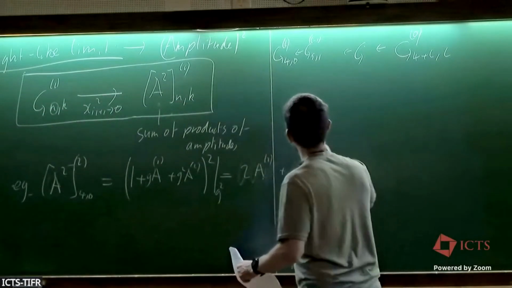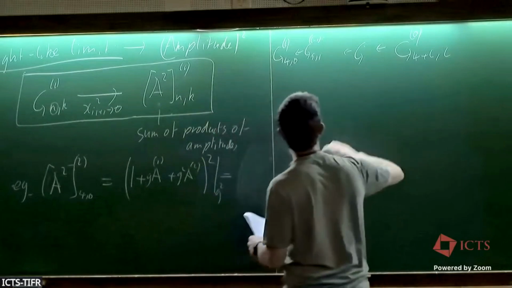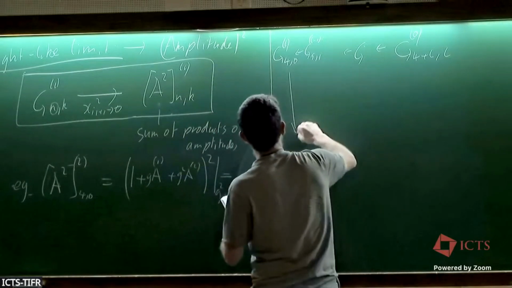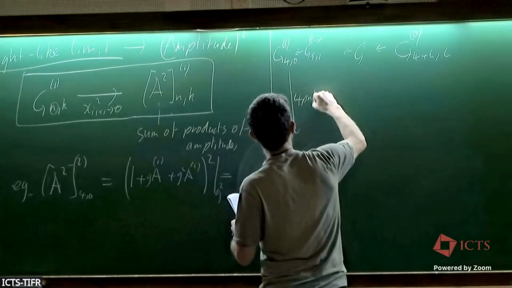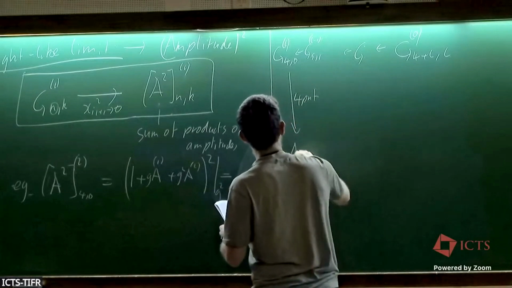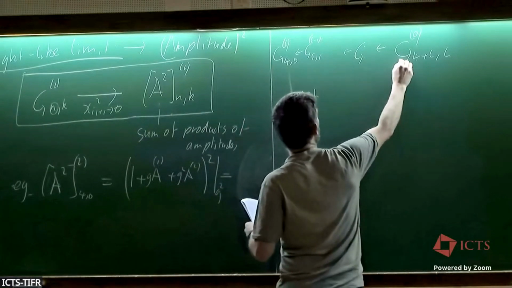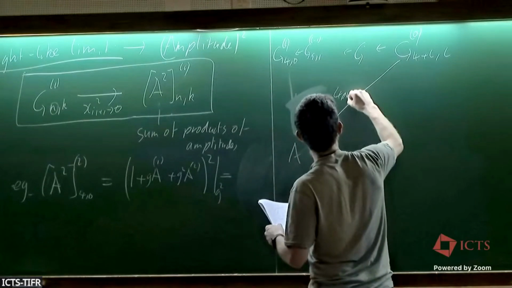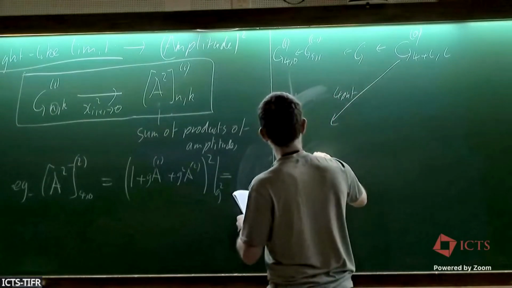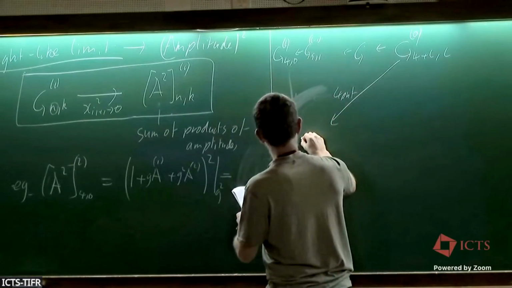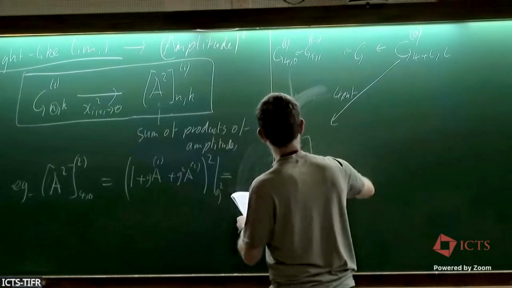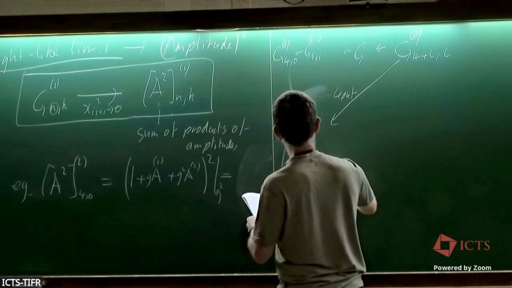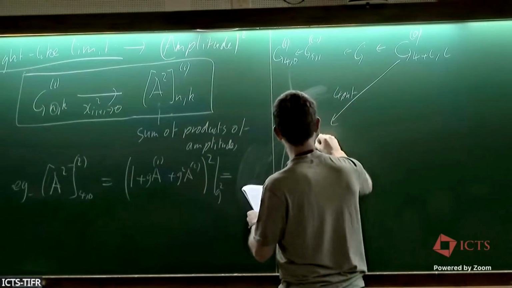Now I take the light limit. I can take a 4-point light limit, and I want to draw the arrow all from here, because this is somehow like the master correlator. The 4-point light limit, and I get A squared at 4 points at L loops.